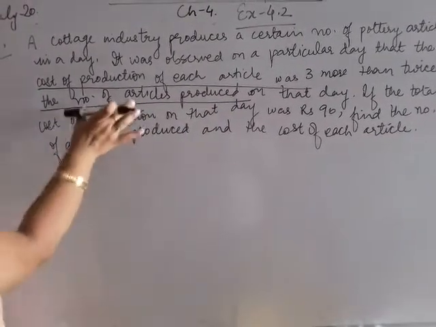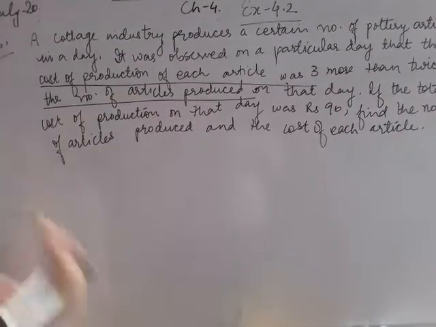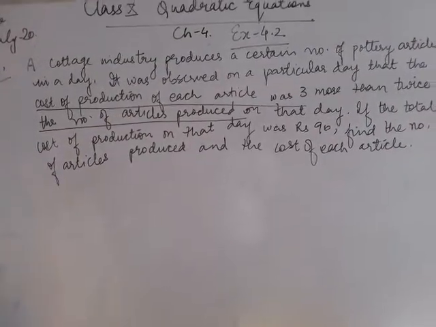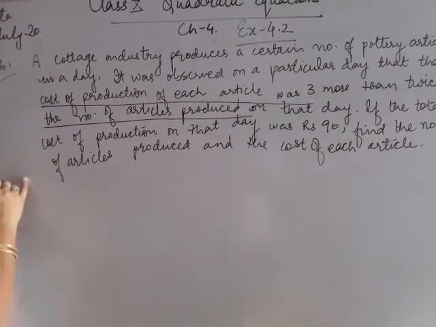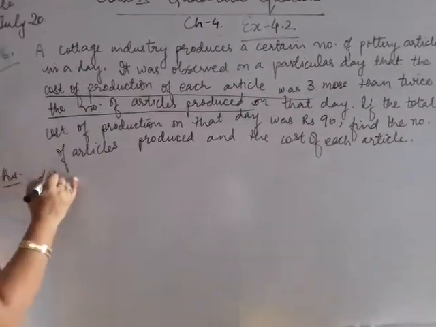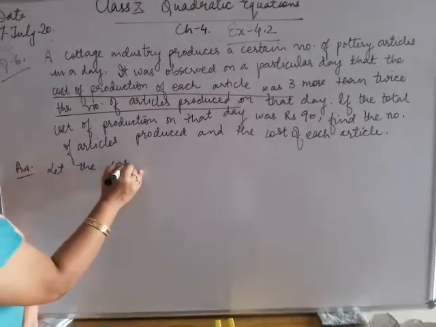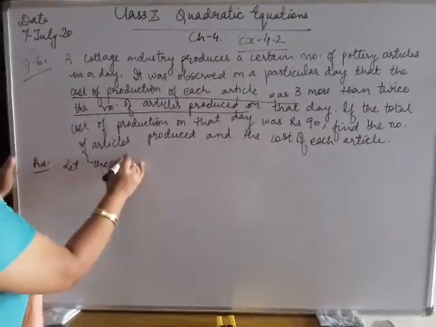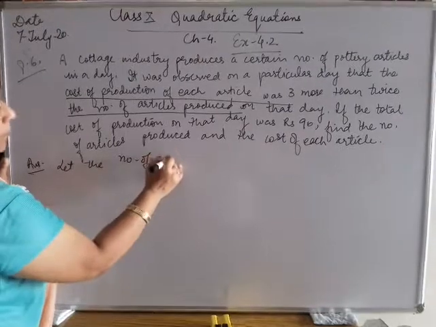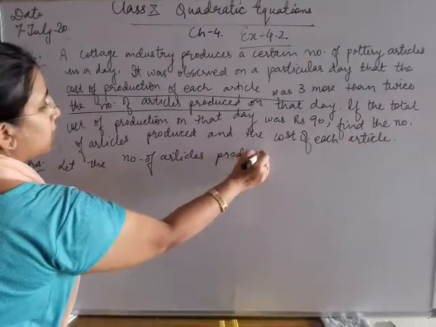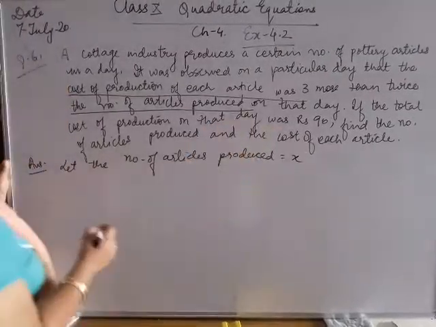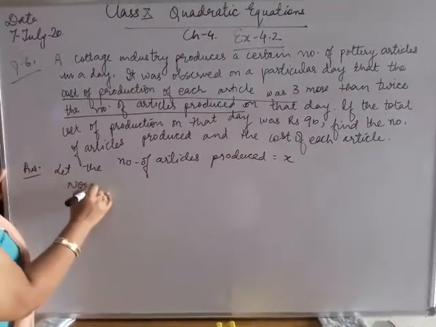So basically we have to let the number of articles produced be x because we do not know what it is. On the basis of this, cost will be determined. So we'll write, let the number of articles produced be equal to x.